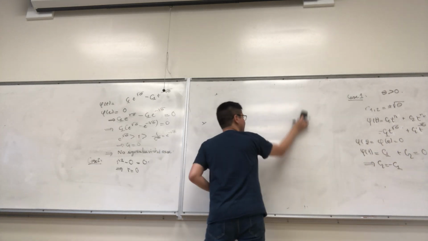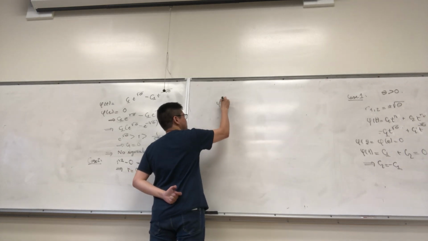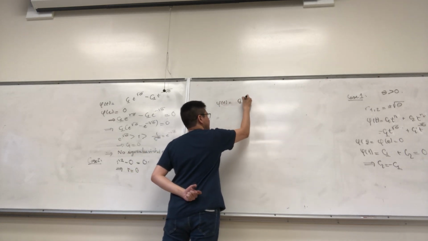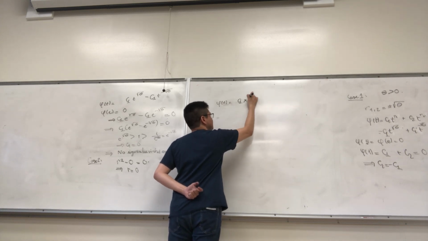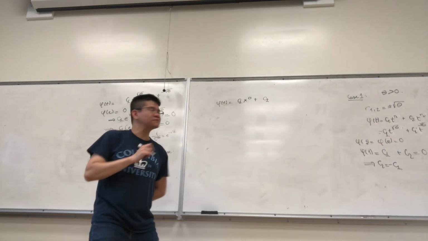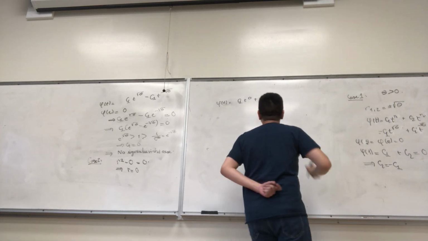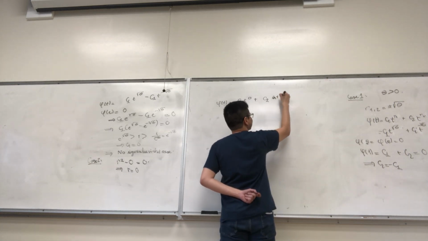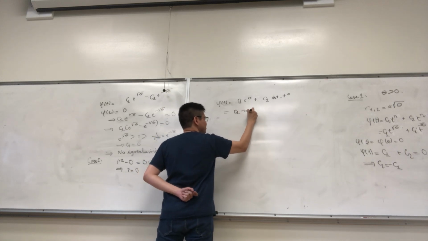So you use the formula, right? So you just replace: phi(t) will be C1 t to the 0 plus C2 t to the 0, not x. I confuse with C2 log t, t to the 0. So this gives me C1 plus C2 log t.